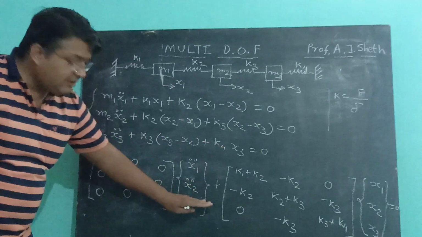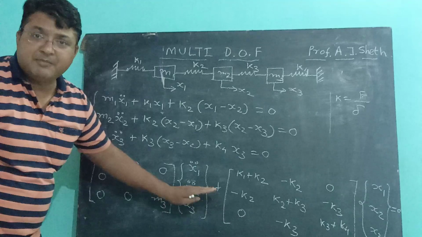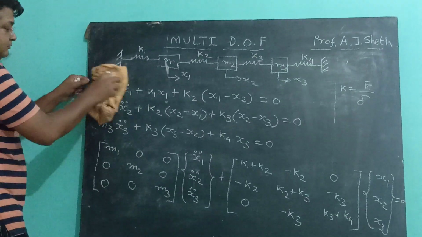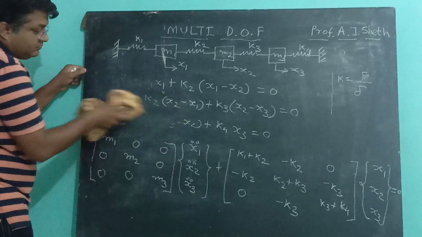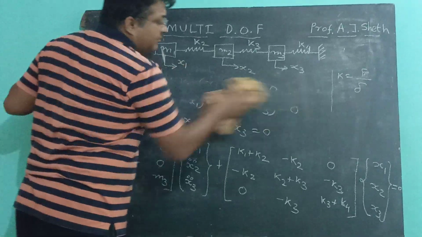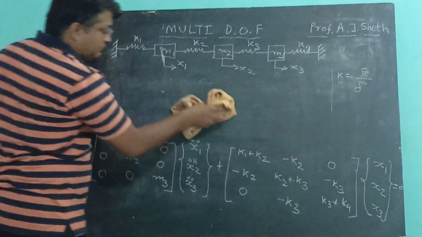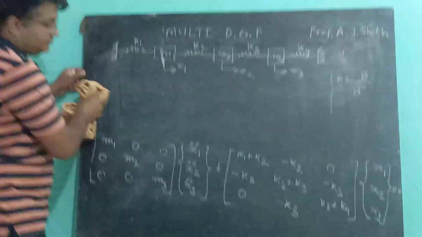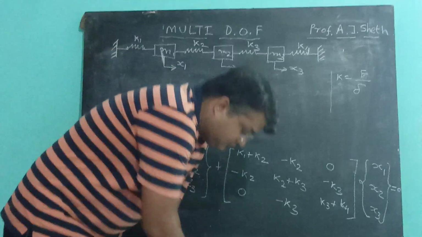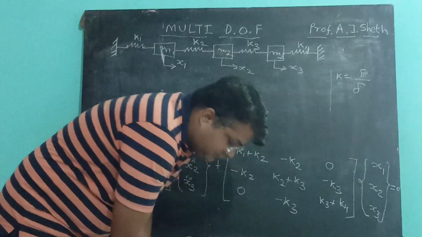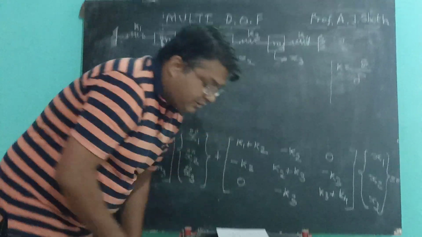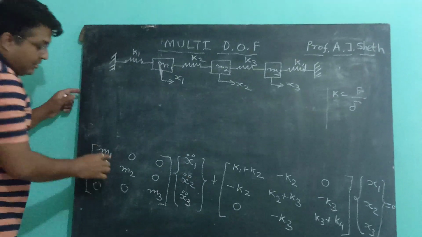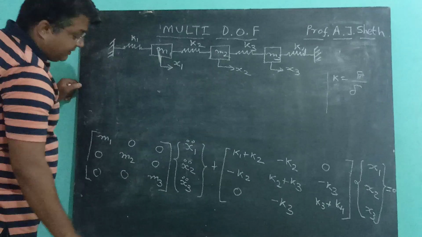Now we have presented it in matrix form. Now let us find the natural frequency by the determinant of this matrix.